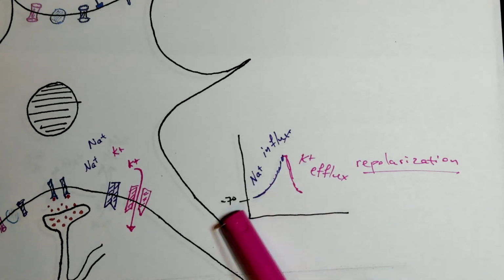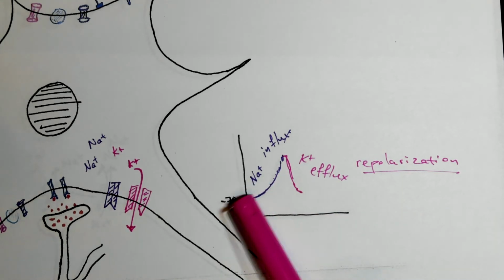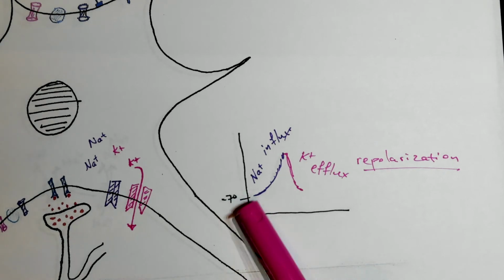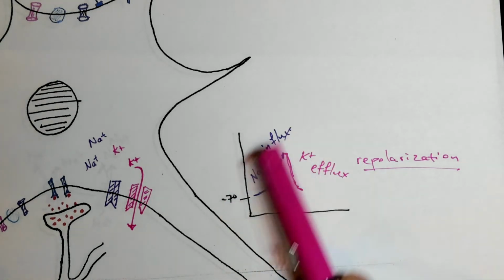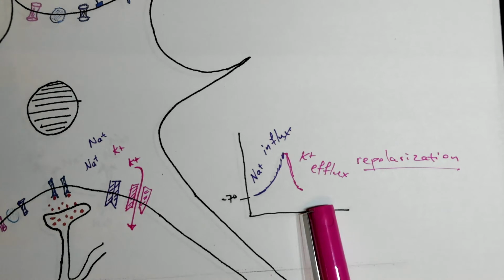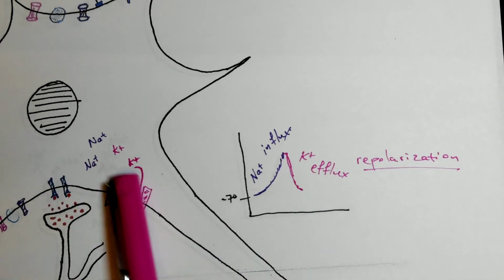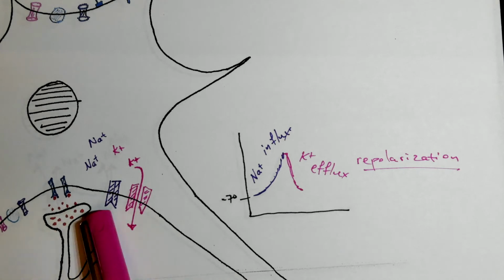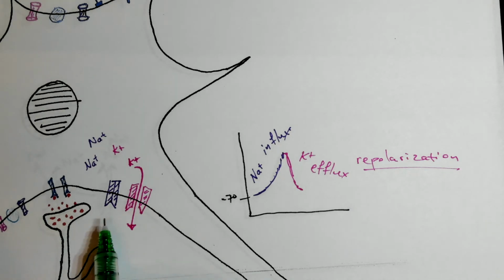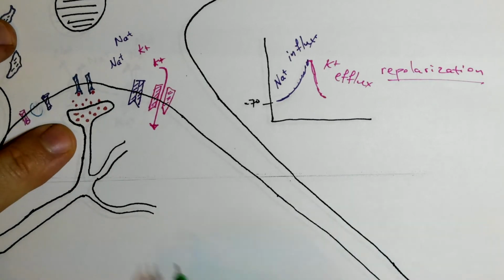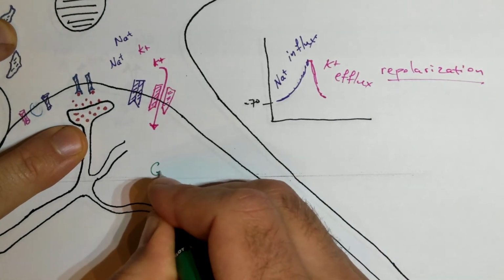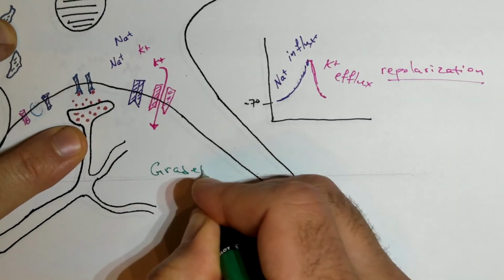It stays closer to minus 60 or minus 65. It doesn't keep going up too much. And therefore, the signal stays localized in this part of the neuron. If this happens, then we call this a graded potential. So if it's local and it just stays around here, we call it a graded potential.